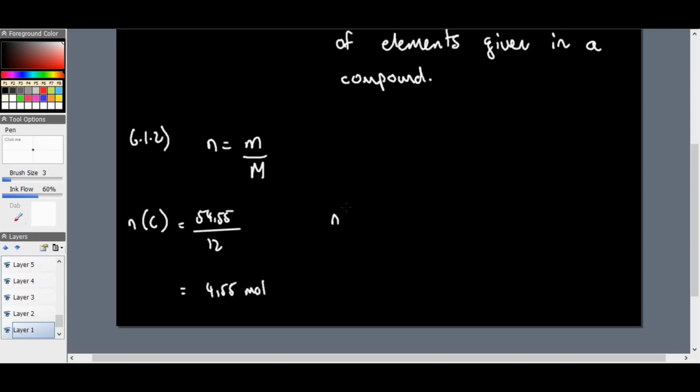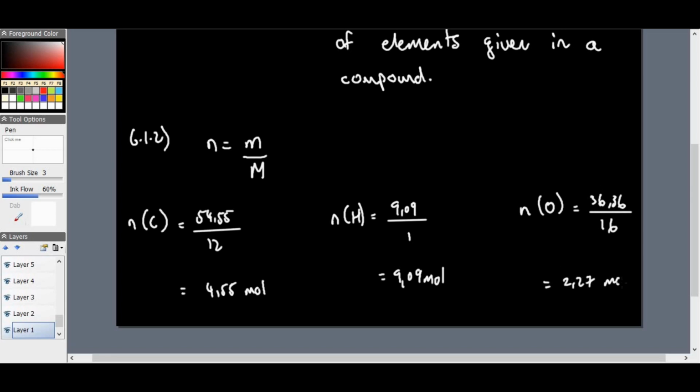And then we can take the moles of hydrogen, which is equal to 9.09, all divided by 1. That gives us 9.09 mole. And then we've got the last one, moles of oxygen, which is 36.36, all divided by 16, and that's going to give us 2.27 mole.